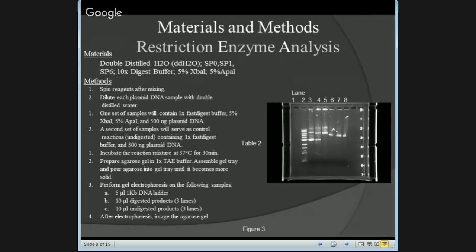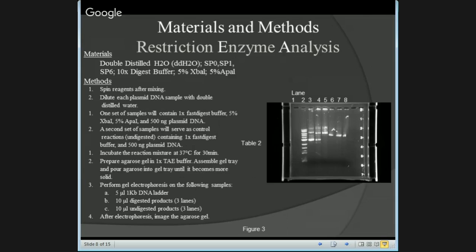The methods: once we started the experiment, we had to spin the reagents after mixing all of the mutation buffers, and then we diluted each plasmid DNA sample with double distilled water, which was labeled DDH2O.